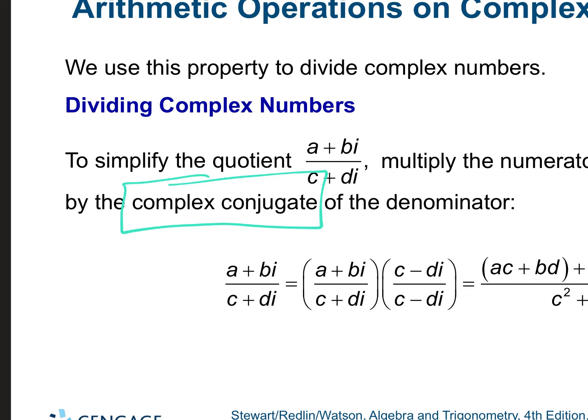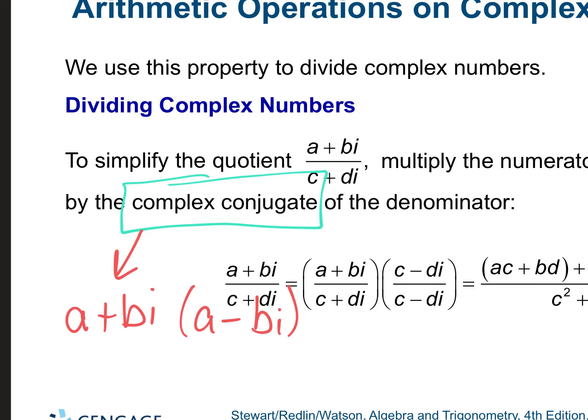All right, that seems like, what is she talking about, guys? Complex conjugate is super easy. Here's my standard form of my number, right? The complex conjugate of a plus bi would be a minus bi. All you do is make sure the denominator is written in standard form, and then you change the middle sign.